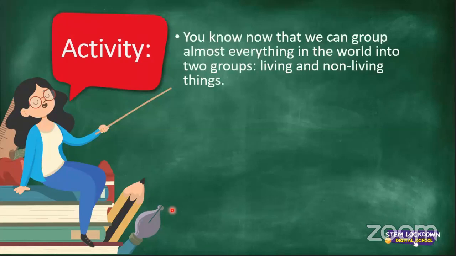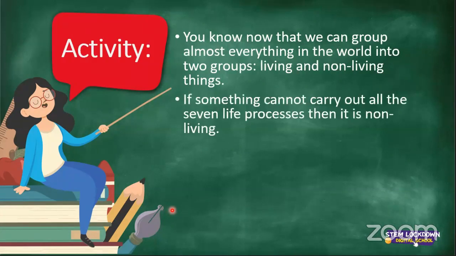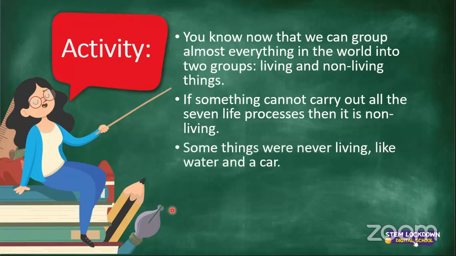Okay, you guys know that we can group almost everything in the world into two groups, into living groups and into non-living groups. If something cannot carry out all 7 of the life processes, then we classify it as non-living. But some things were just never living, like water.